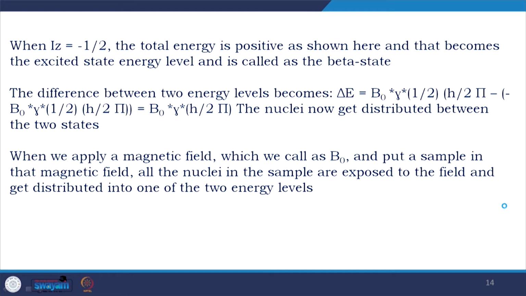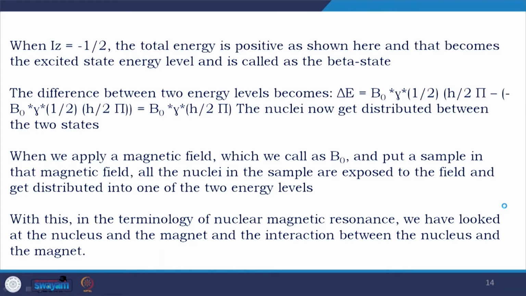So, you have a sample where the nuclei are randomly oriented, you apply an external magnetic field, and you have two states: a lower energy state, which is the alpha state, and a higher energy state, which is the beta state. With this, in the terminology of nuclear magnetic resonance, we have looked at the nucleus and the magnet and the interaction between the nucleus and the magnet.